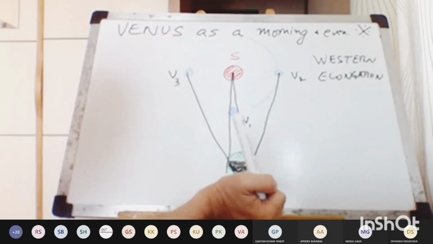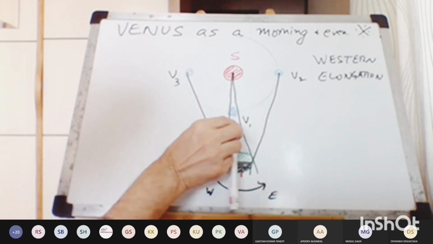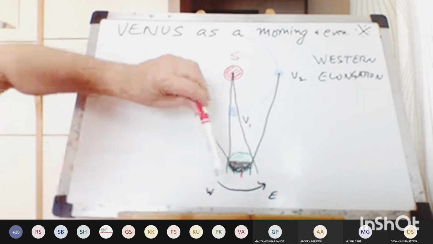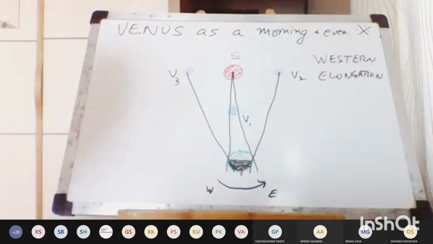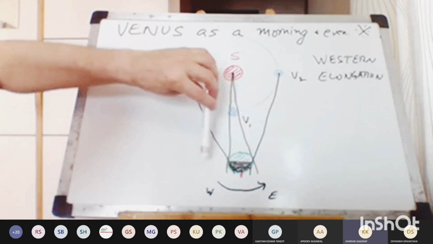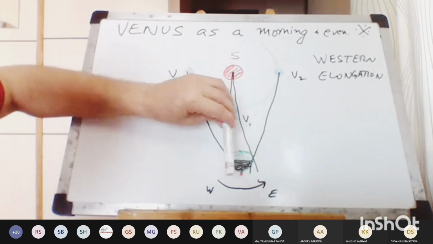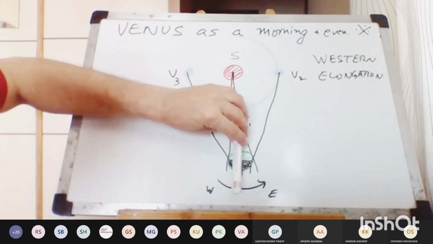Now, which horizon do you see Venus as a morning star? Eastern horizon or western horizon? Sir, Eastern. Eastern, sir. Very good, because the Earth is rotating west to east, so all the bodies are rising in the east. All the heavenly bodies are rising in the east.